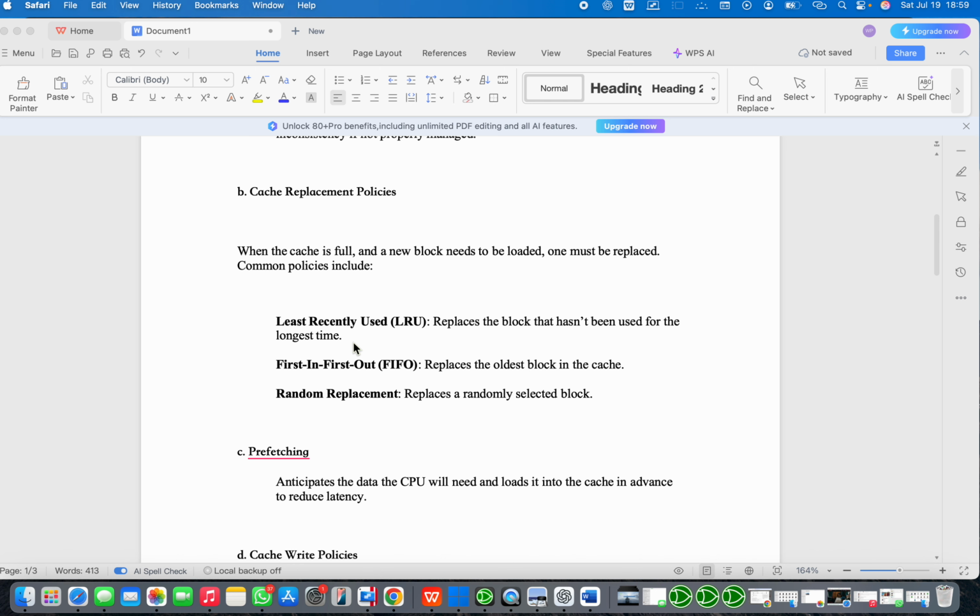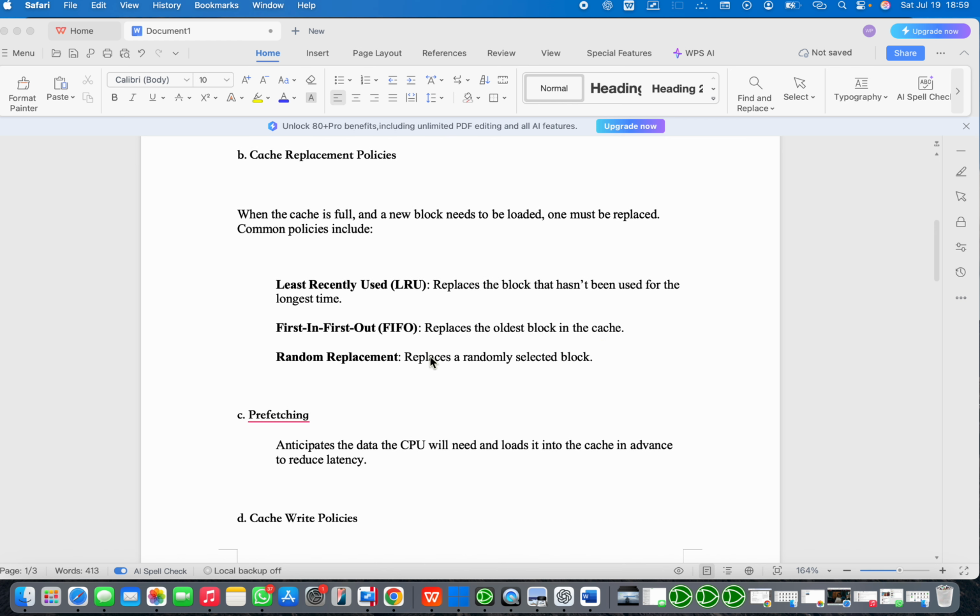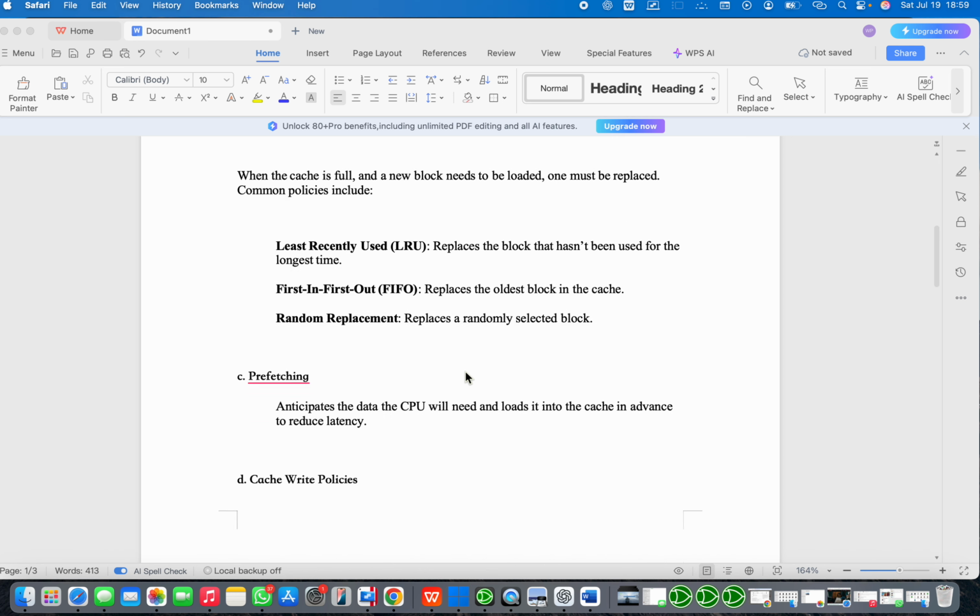So when it's full but data needs to be written on it, it goes to the least recently used data, the one that's not frequently used, and replaces it with a new one. First in, first out replaces the oldest block in the cache memory. Random replacement selects a block randomly, whether it's recently used or not, and just replaces it.